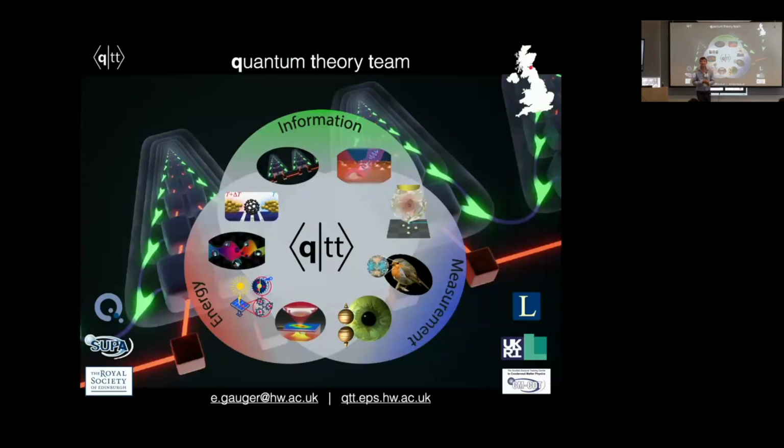There's a slide I'm glad I removed. I had something on a two-bath TEMPO paper, PRX Quantum from last year, that Peter was also involved in, with work led by Dom Gribben and Dom Rouse. If you think of the Franck-Condon shift, absolutely.